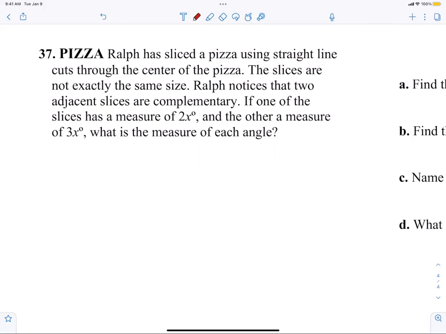Did you get it? What did you think? The two angles, the measure of the two angles are what? Yeah, that's so easy, guys. 2x plus 3x equals 90. Come on now, you guys. I don't want you just writing things down after you see someone doing it. You try it first. That's what I'm asking. You try it first.